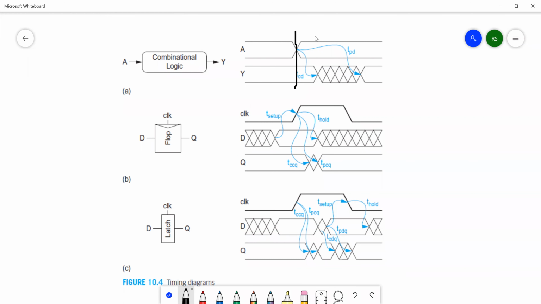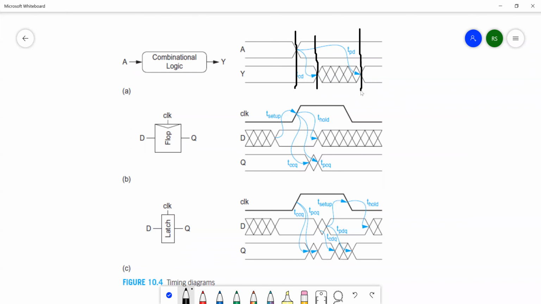Up to this point, the output does not change. This difference, where the output is still maintained at the previous value, is called the contamination delay. After some time, the output starts changing, going through some transitions up and down until it settles at the final value. From the arrival of the input up to the settling of the output at the final value, 50% marker, like TPHL, we have done this many times in the lab.